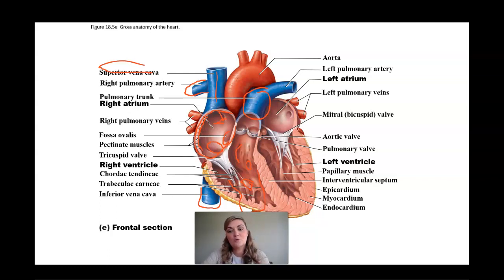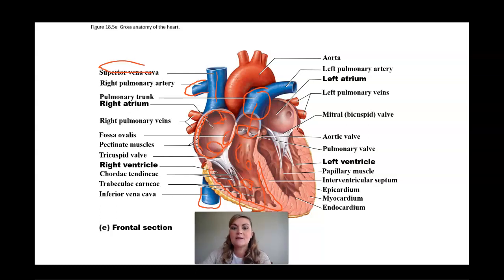From that right ventricle, once it contracts, and notice how the myocardium of the right ventricle is not very thick at all going through this section, that muscle is going to push blood through the pulmonary valve, which is found here, up through this pulmonary trunk. Then it's going to split and go either to the right pulmonary artery or the left pulmonary artery, and that will take it either to the right or to the left lung. It's going to drop off its deoxygenated blood at that point, and it's going to pick up oxygen.